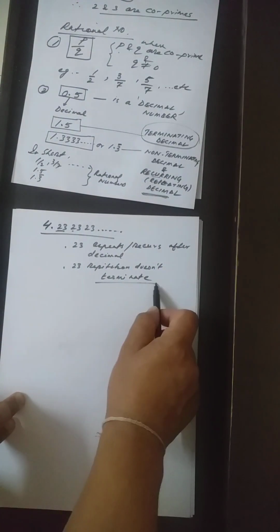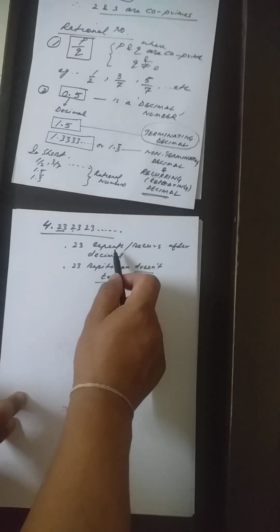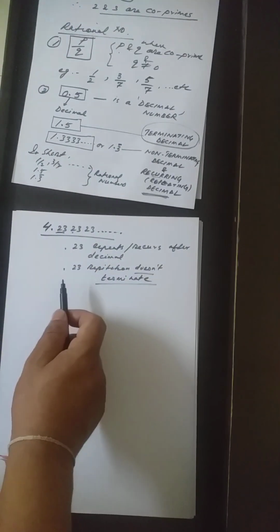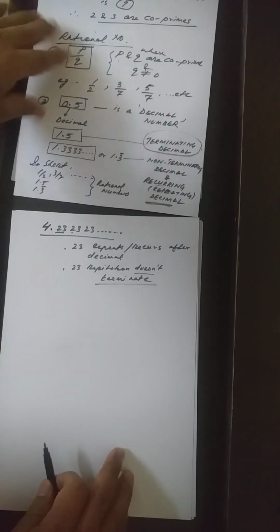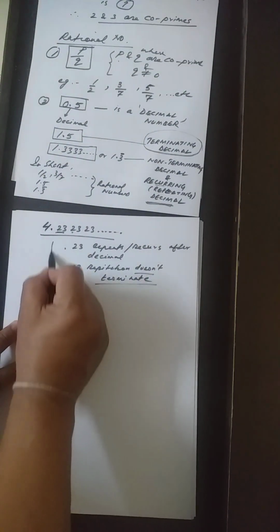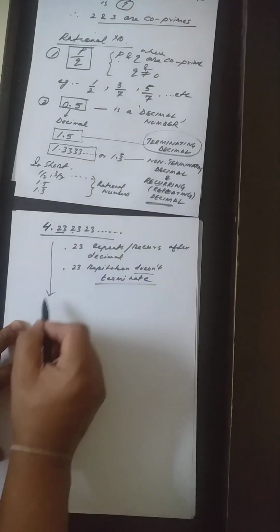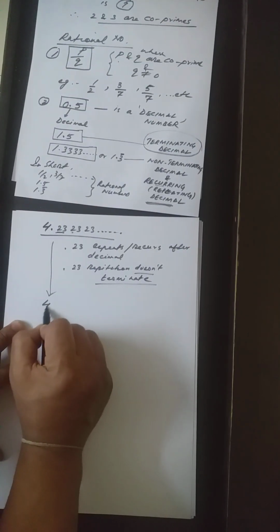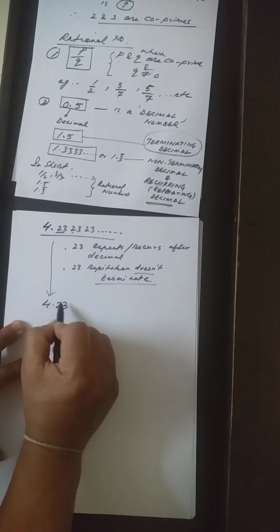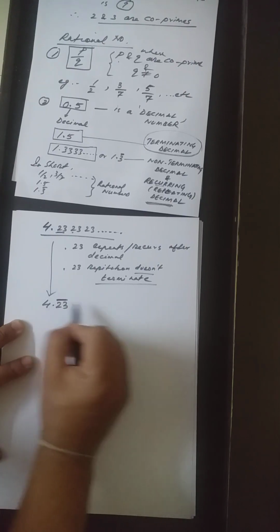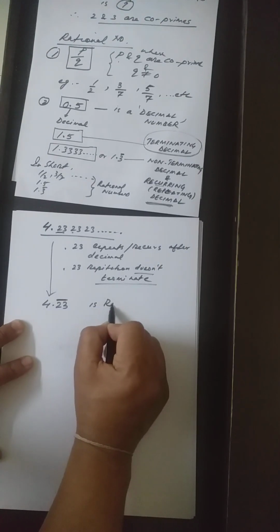And we know when the number is not terminating but it is repeating, then such numbers will be classified as rational numbers. So in this case, this number 4.2323, which can also be written as 4.23 bar, will be a rational number.